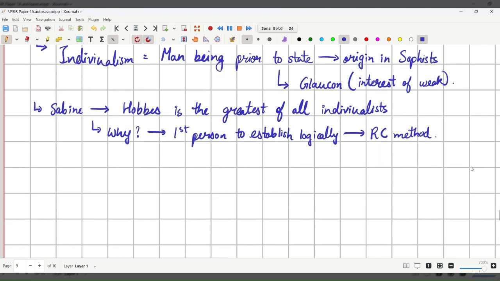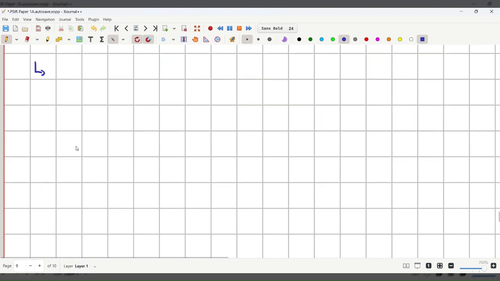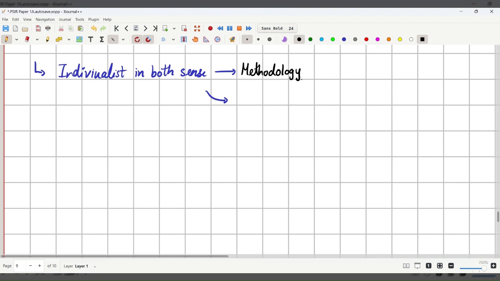Then what were his views on man? But before that, Hobbes was basically an individualist in both senses. First, Hobbes was an individualist in methodology, because he builds his political theory on the individualistic nature of man.